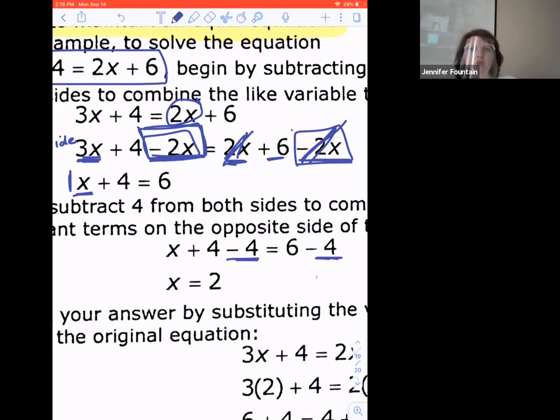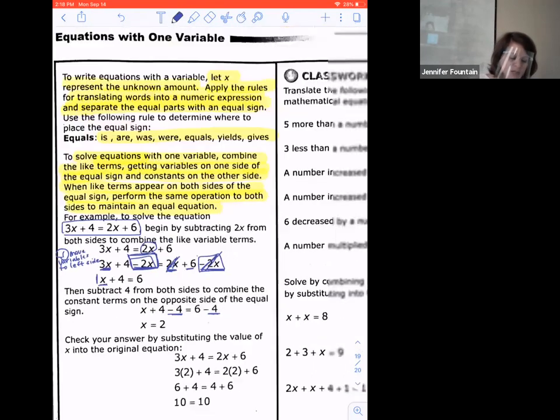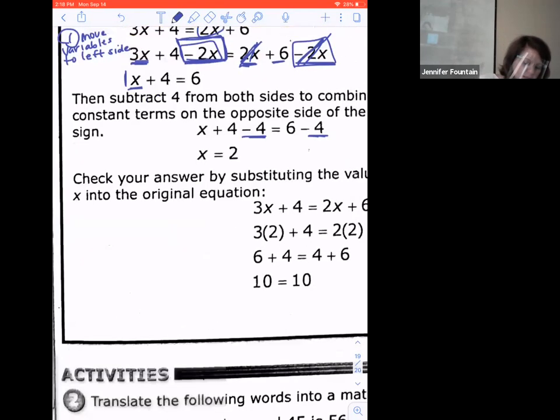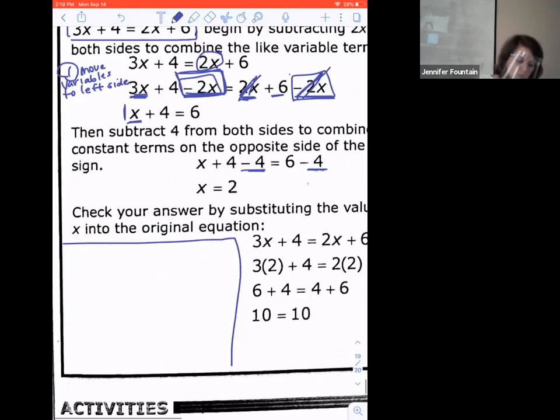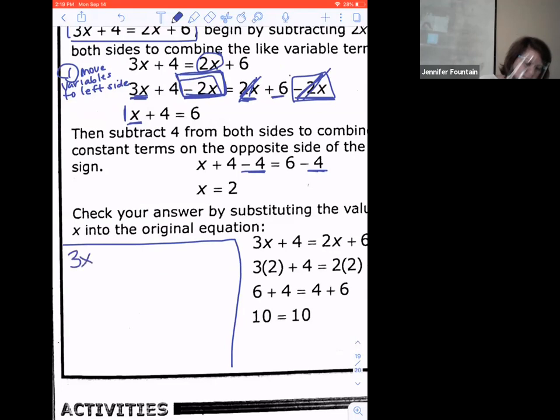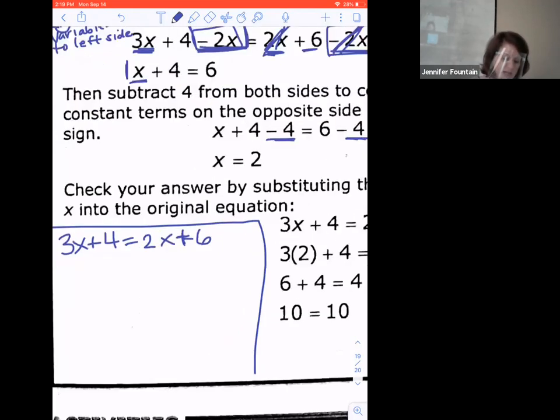Okay? I'm not a huge fan of the way they've done it right here in the book. I prefer to do it a little bit differently so it's a little more visual. So what I'm going to do is I'm going to come down here and write it a different way. Okay? So I'm going to start with 3x plus 4 equals 2x plus 6. And like I said, my first step is I want to move my variables from the right to the left.